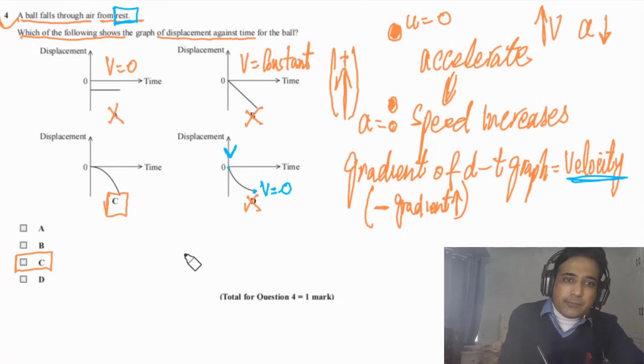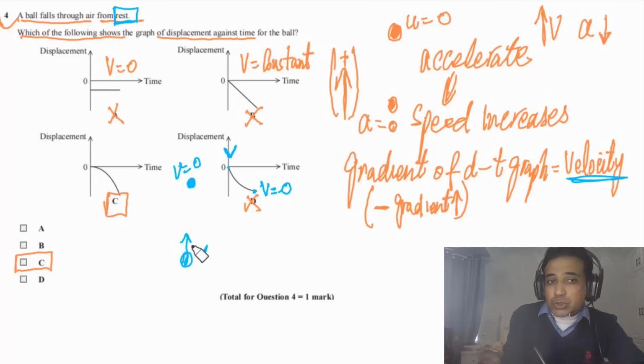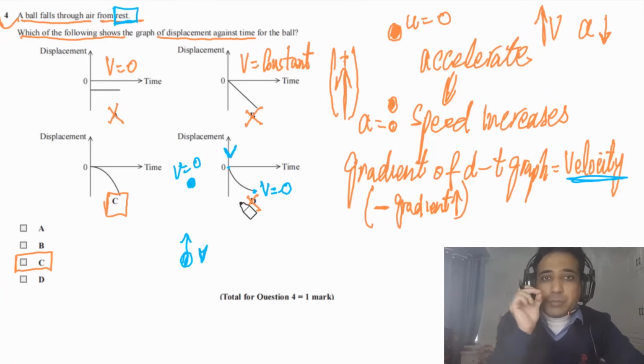This is like if you throw the ball from the ground, the ball goes up, then finally reaches the highest point. Here the speed of the ball will be equal to 0, and here it has a certain velocity v. So the motion is like this, and that's the reason D is not the answer. The best way is to look at the gradient.